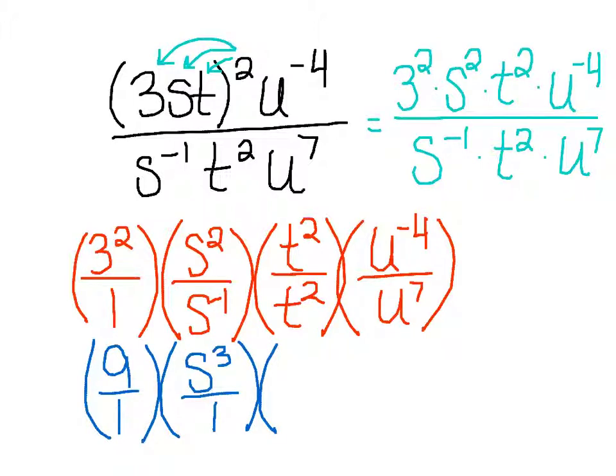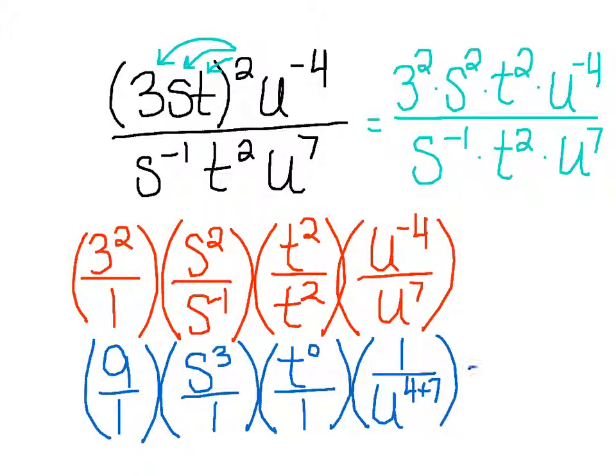T to the 2nd divided by t to the 2nd is t to the 0th over 1, which we know is going to equal 1. And then u to the negative 4th divided by u to the 7th. I'm going to bring that negative 4th to the bottom, and I'm going to have u to the 4 plus 7. If we put this all together, our final answer is going to be 9.